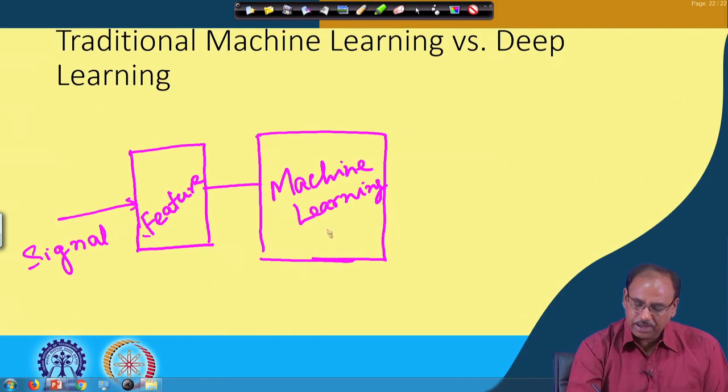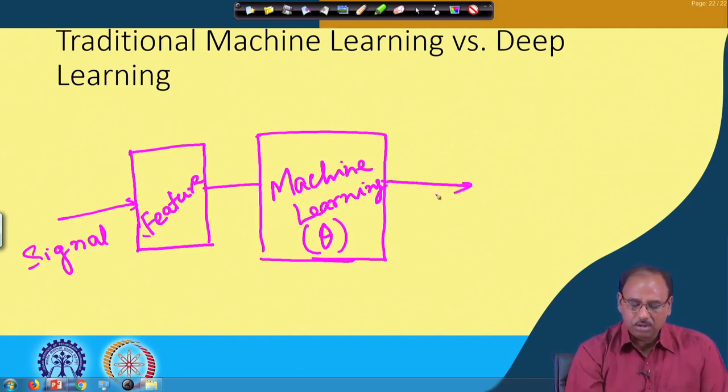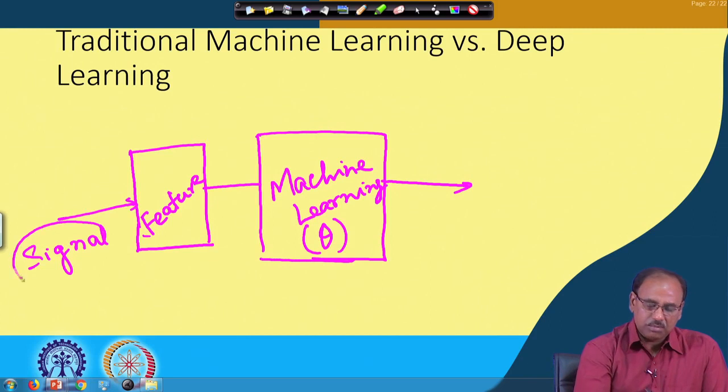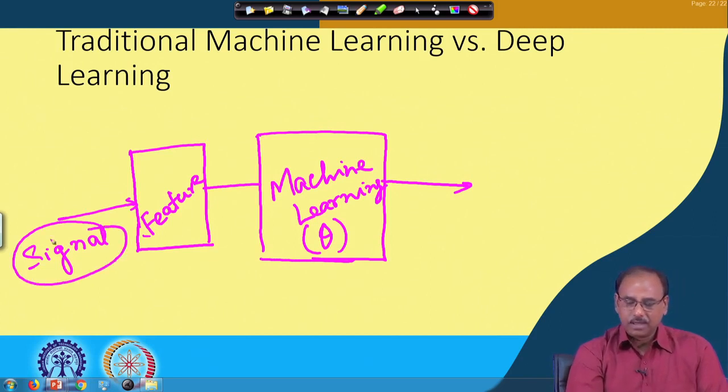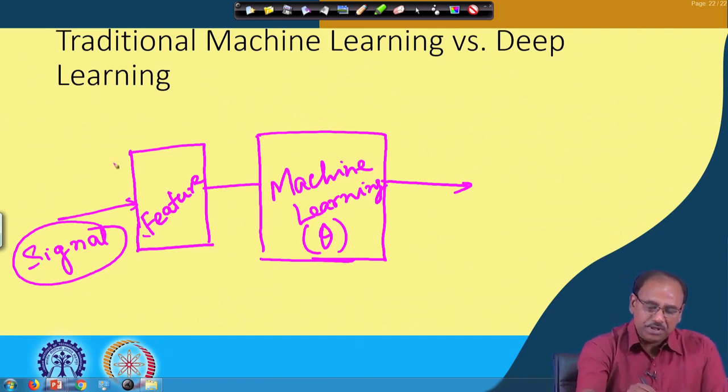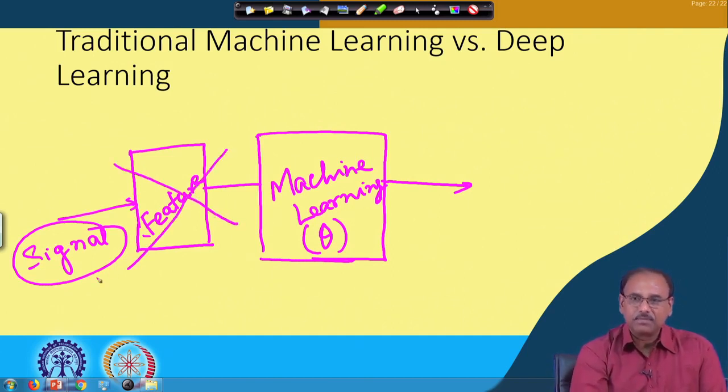This machine learning algorithm has a set of parameters, theta, and using it you take a decision on this input signal, what it is. But when we talk about today's deep learning algorithms, this feature extraction block is absent.